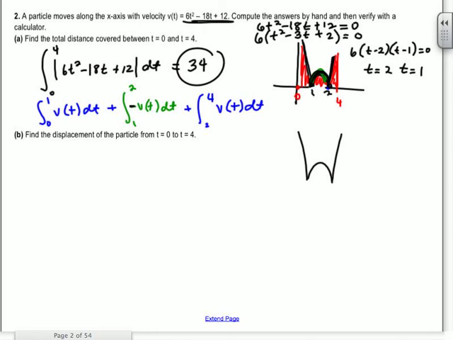Okay, so find the displacement of the particle from 0 to 4. Displacement is the one that's easy. It doesn't matter. You're just trying to find the total from 0 to 4. You're not trying to find the absolute value at all. You're finding the total vector change, basically. So you're going from 0 to 4 of your original, just v of t dt.